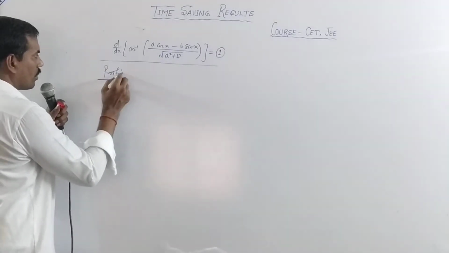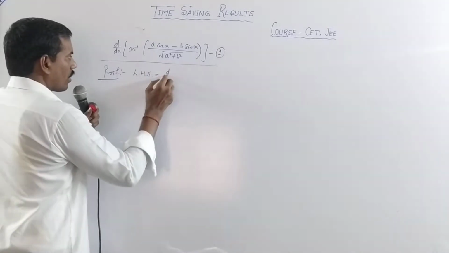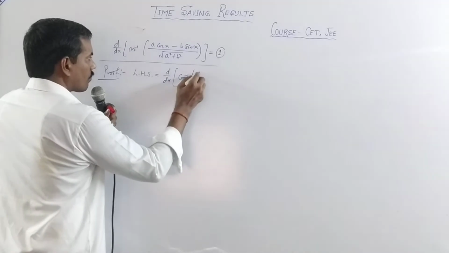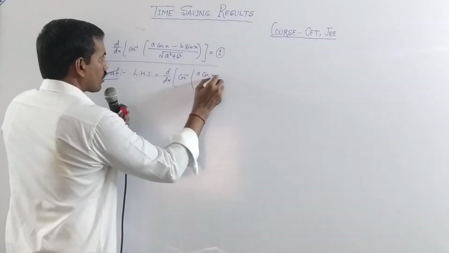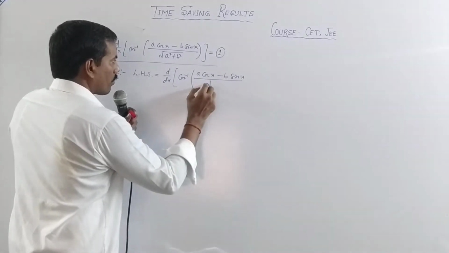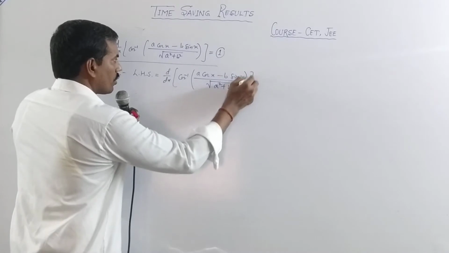Proof: taking the left hand side, this is equal to d by dx of cos inverse of (a cos x minus b sin x) whole divided by under root of a square plus b square.